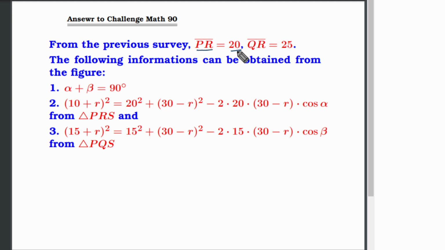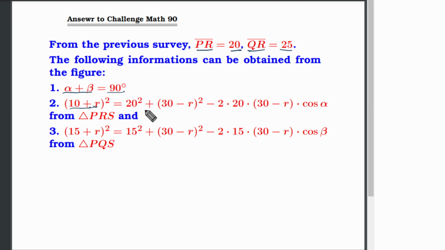You remember, P was the center of the biggest circle, and R is the center of the semicircle at the corner, and QR is 25. This means the radius of the second biggest circle plus the radius of another one. Alpha plus beta is 90 degrees. So one side is square. It means the opposite side of angle alpha. At least we know one angle and two sides.